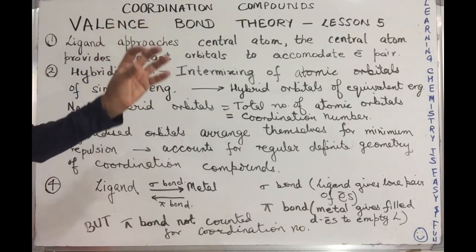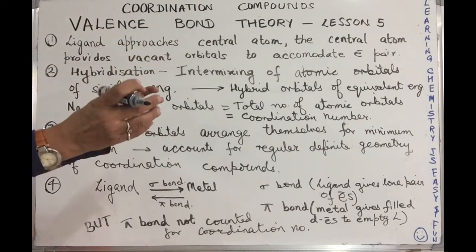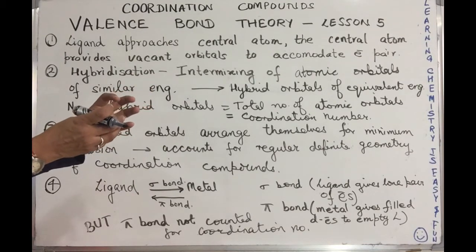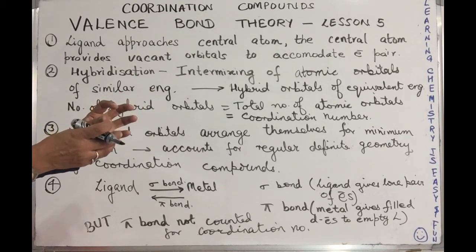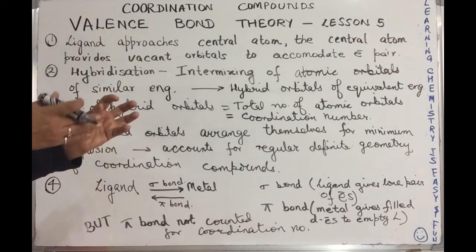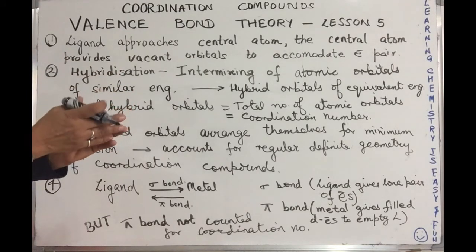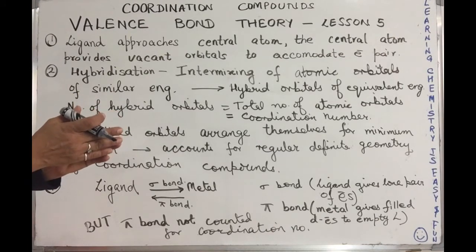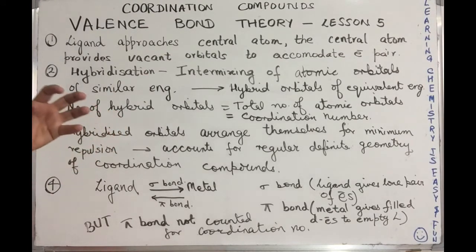So I have atom A, I have atom B. B comes closer to A, wants to make friends with it, right? So there is a reorientation of energy within A, which is called hybridization. And that is what we are going to talk about.